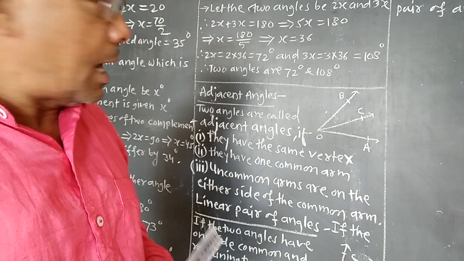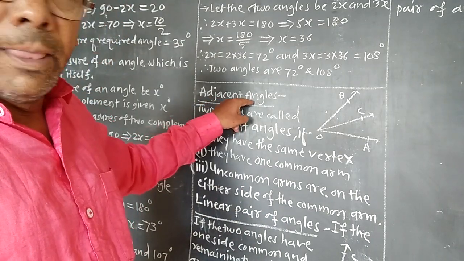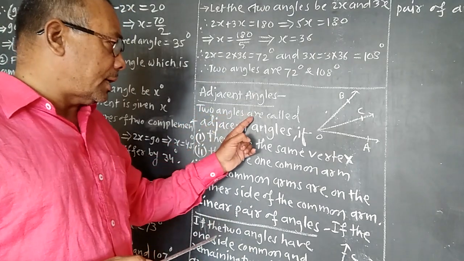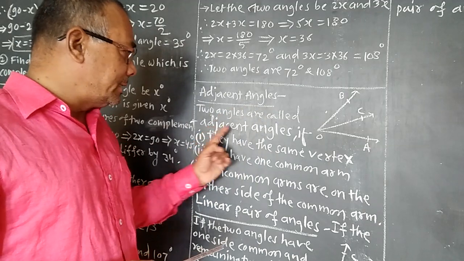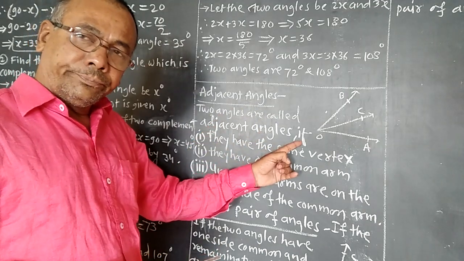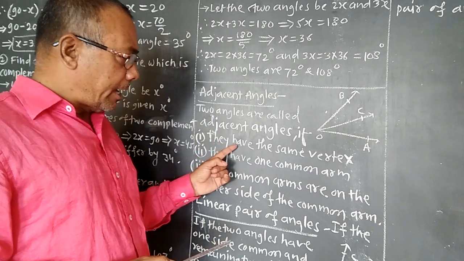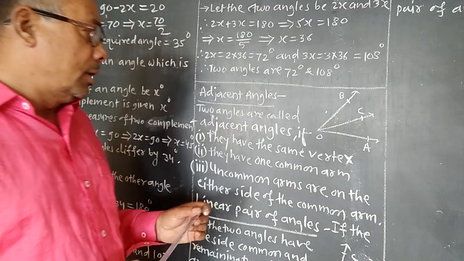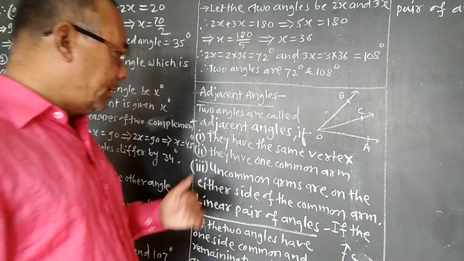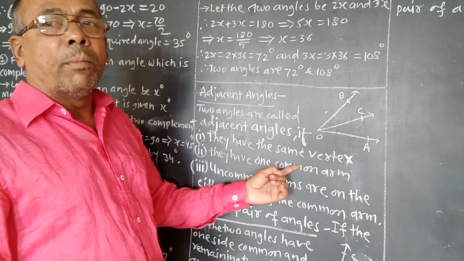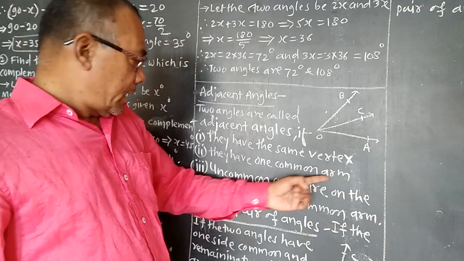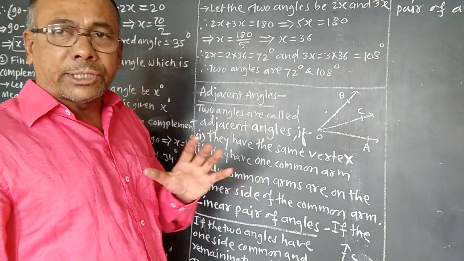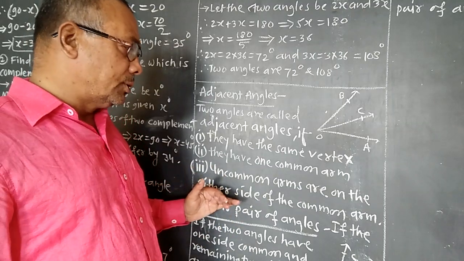These two angles are called adjacent angles, because according to our definition, two angles are called adjacent angles if, first, they have the same or common vertex; second, they have one common arm or common side; and third, the uncommon arms are on either side of the common side.